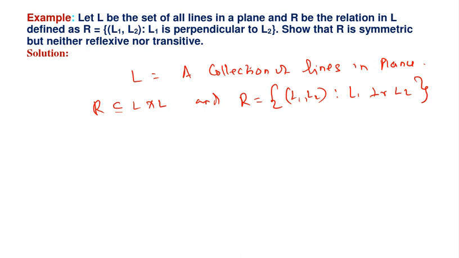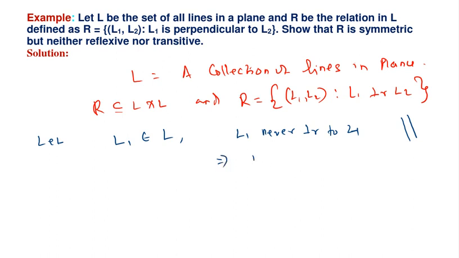In the solution, let us take L1 from the collection L. If we take any line L1, L1 is parallel to L1, but never perpendicular to L1. Both are the same line, so parallel. And L1 cannot be perpendicular to the line itself.